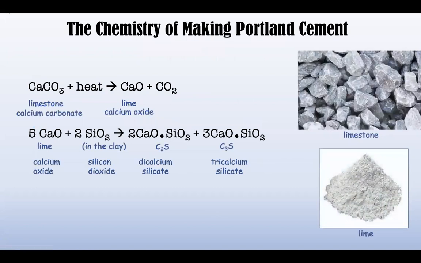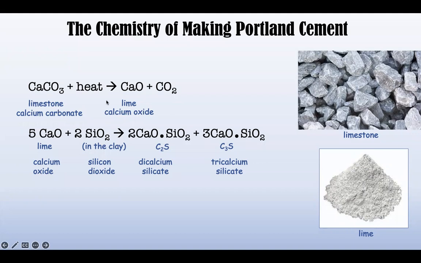I have included in the folder of stuff my entire slideshow that I gave my chemistry students on the chemistry of concrete and cement, but I want to share a couple things here because it influences the project. So to make cement in the first place, you take limestone and you heat it up in a big kiln.